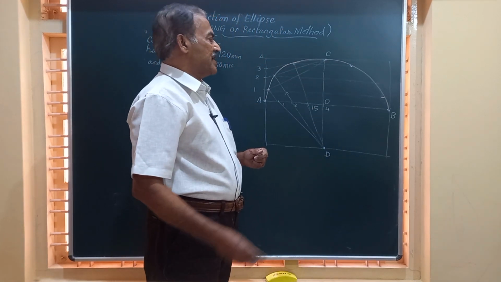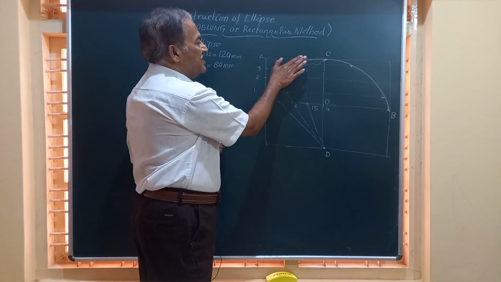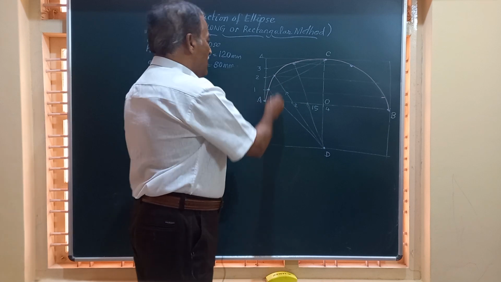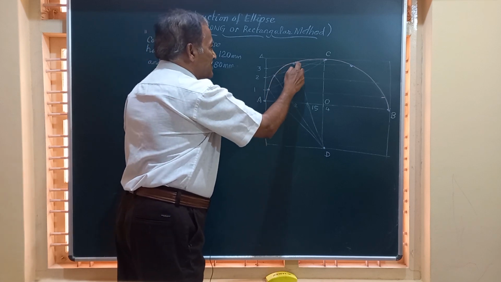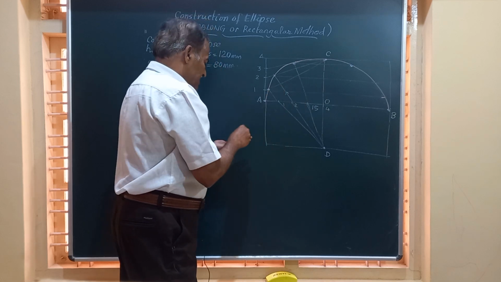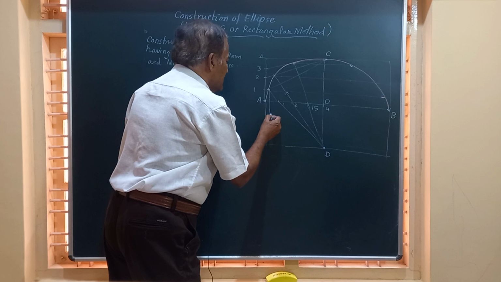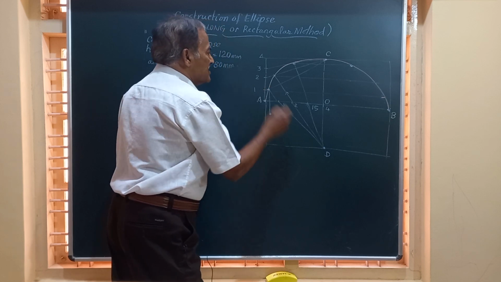Now, how to obtain the other half? Repeat the procedure. The ellipse is symmetrical about the horizontal axis AB. So you can just mark all these points 1, 2, 3, 4 as mirror images on the other end. So I will mark a line here, mark the distance. Means this distance is equal to this.